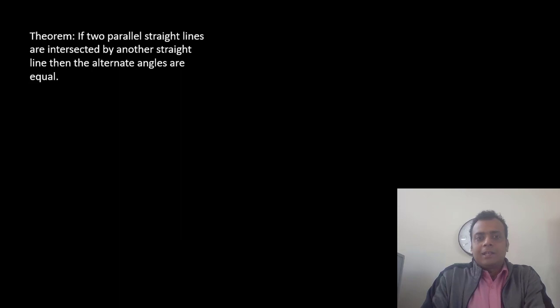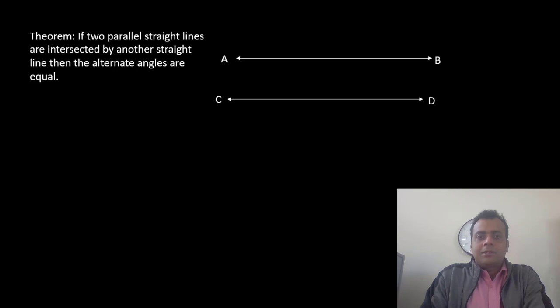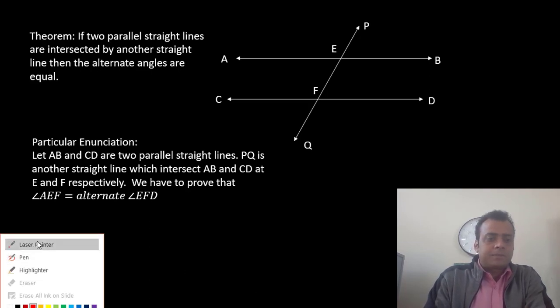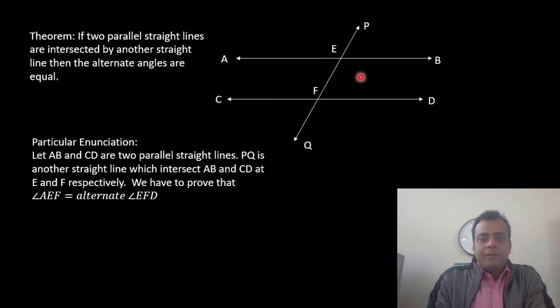From the last class, we have learned that if AB and CD are two parallel straight lines and PQ is the transversal, that is another straight line which is intersecting AB and CD at the points E and F, then we know that alternate angles are these angles AEF and DFE. These two angles are alternate, and also CFE and BEF are alternate angles.